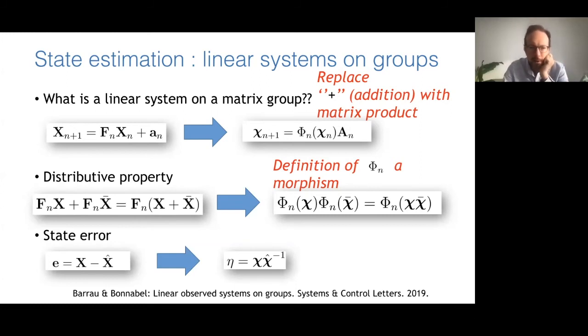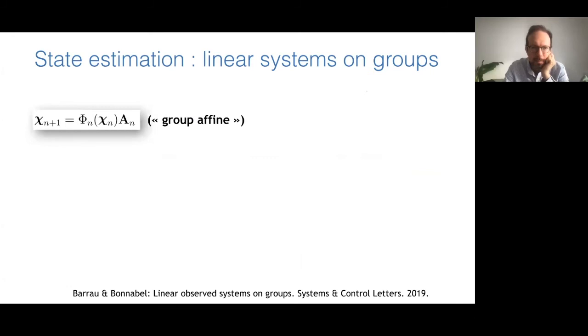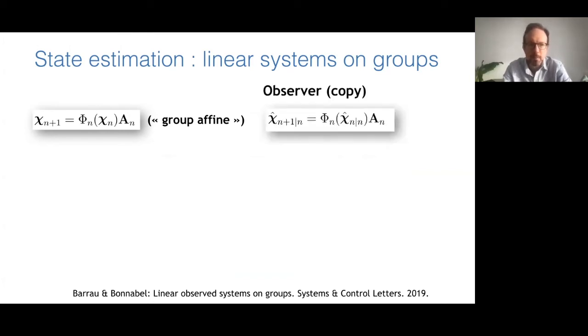So this is the error eta that I use to measure the error between the true state and the estimate once I have embedded the state into a matrix group. So this kind of dynamics where phi here is a morphism is called group affine, and it defines well what we called a linear system on a group.